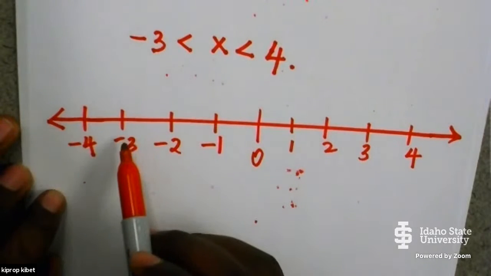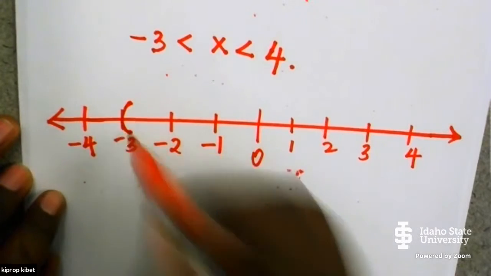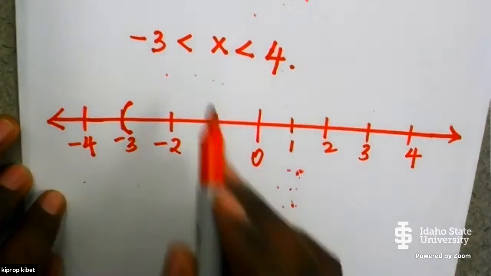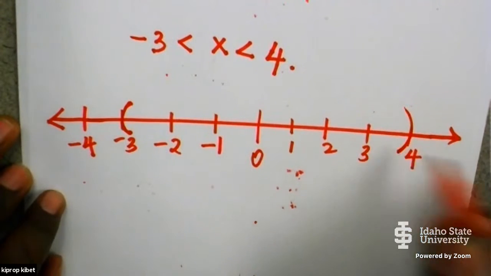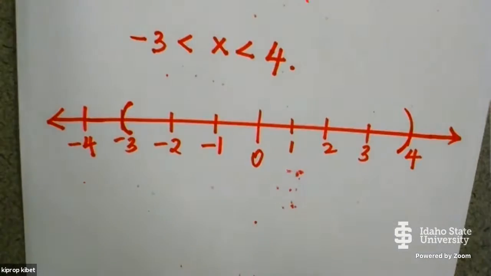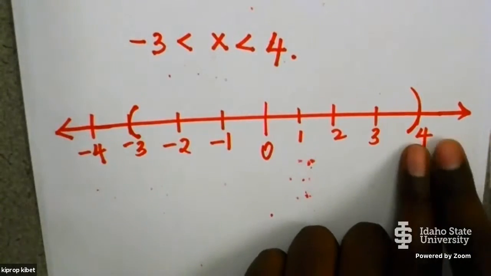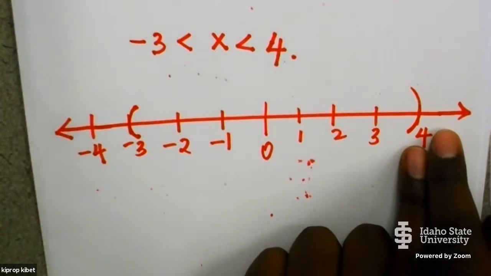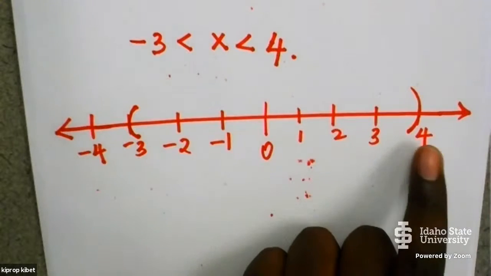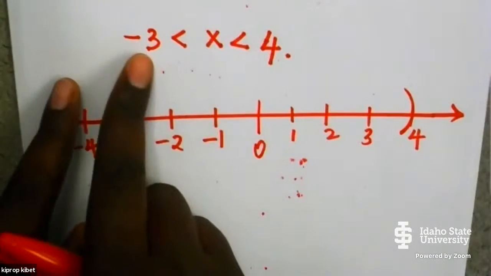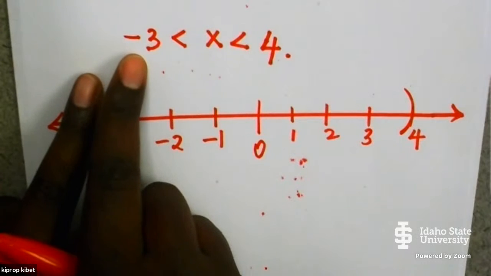So we come to minus 3 here. Then we come to 4. The values of x are less than 4, they are not greater than 4, so they are not on this side. And these values of x are greater than minus 3.